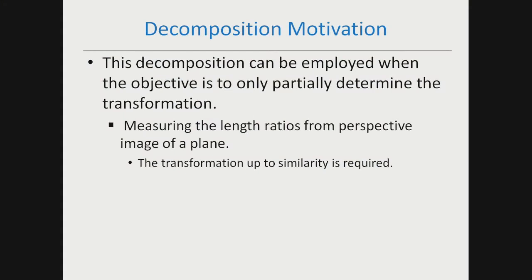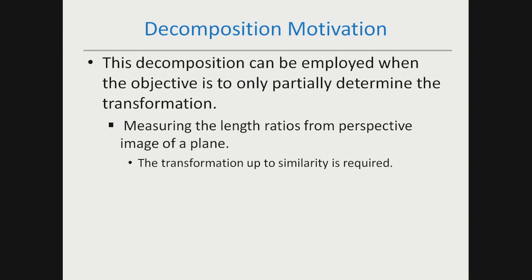Sometimes we don't want to do the entire projective mapping. For example, if I want only to measure the length, or the ratio between lengths, I don't need the entire projective transformation. It's enough for me to recover some part in order to do the computation.